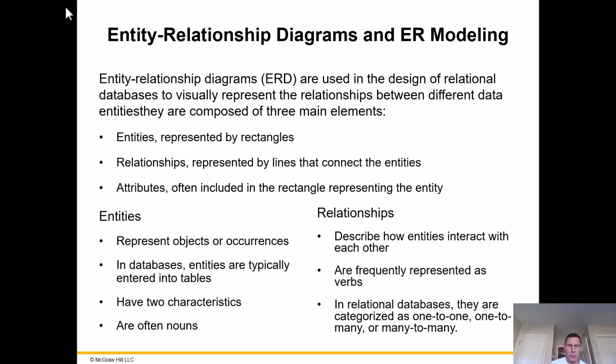Now, entities represent objects or occurrences. In databases, entities are typically entered into tables. They are often nouns, so think of naming words. Relationships describe how entities interact with each other and are frequently represented as verbs, a doing word. And in relational databases, they're categorized as one-to-one, one-to-many, or many-to-many.